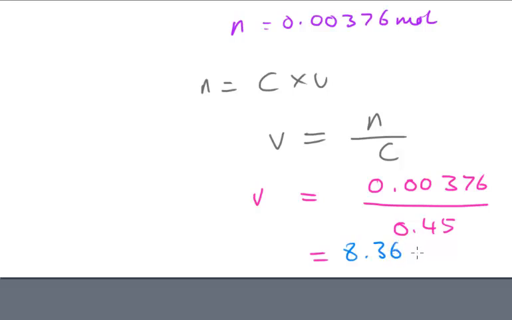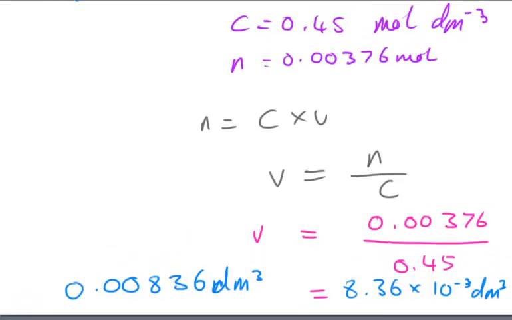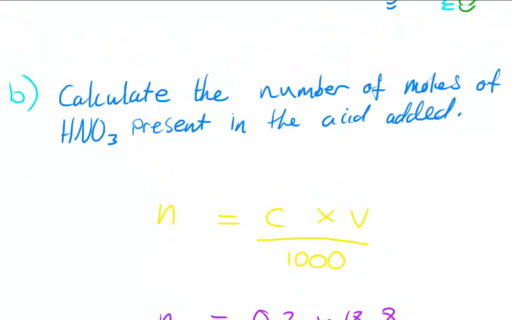So 8.36 times 10 to the power of minus 3 dm cubed. And if we put this in non-standard form, it would be 0.00836 dm cubed. And so yeah, that looks about right. So that's how we would tackle the question if we were given a concentration and trying to figure out the volume.